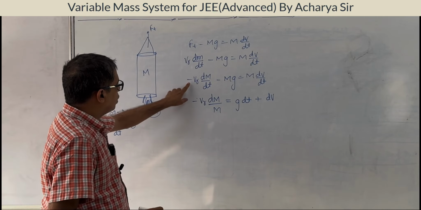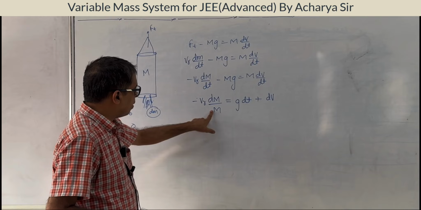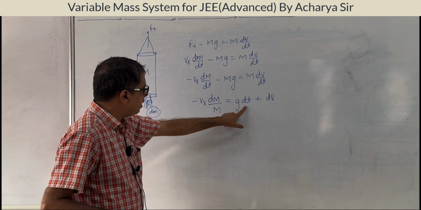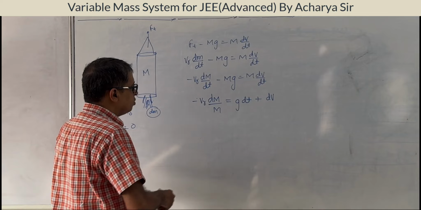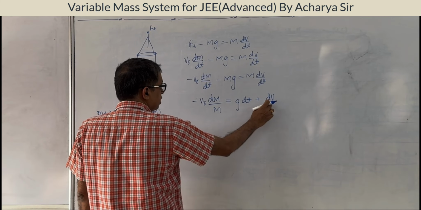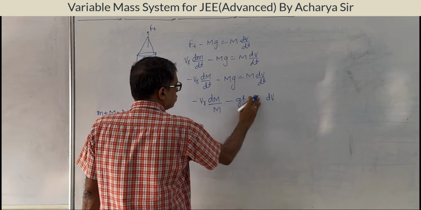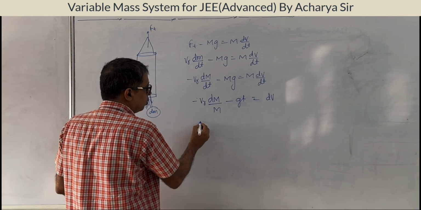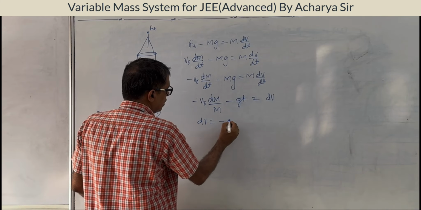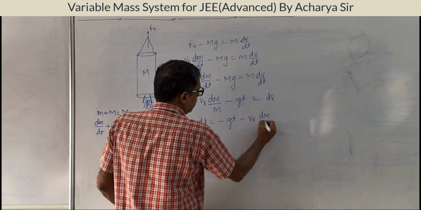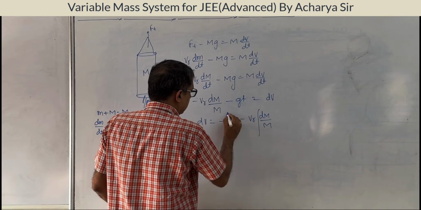No issue. What did I do? I divided by capital M. Multiplied by dt. I have dt here and this is gone. My requirement is velocity. So I keep this here. Minus g dt is equal to dv. dv is equal to minus g dt minus V_R dm by capital M.